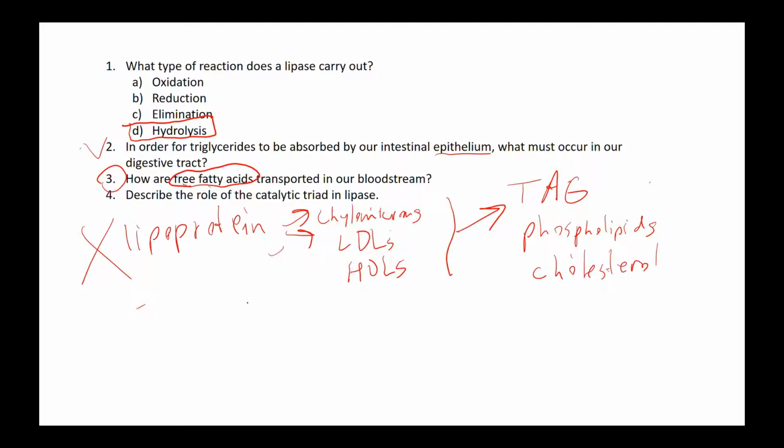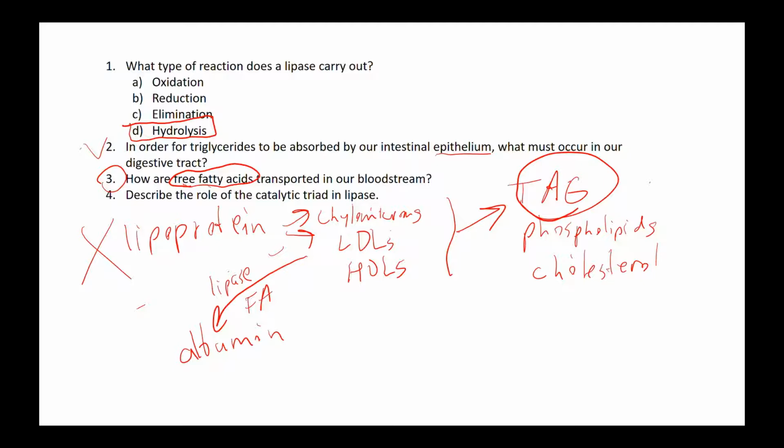Free fatty acids are transported by a protein called albumin in our bloodstream. Usually what happens is the lipoproteins, as they're going through our bloodstream, lipases release fatty acids from the triglycerides in our lipoproteins, giving us fatty acids, and those fatty acids then get bound to albumin and carried through our bloodstream.